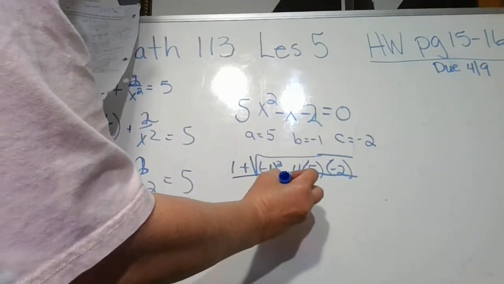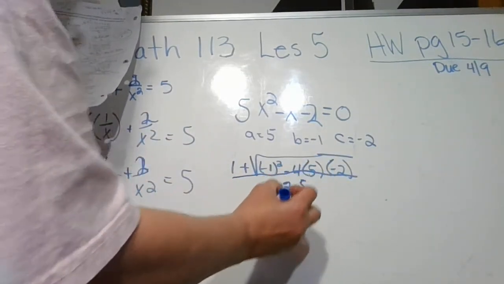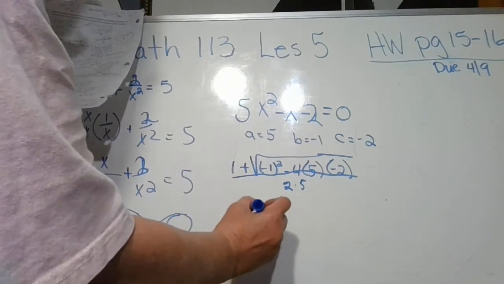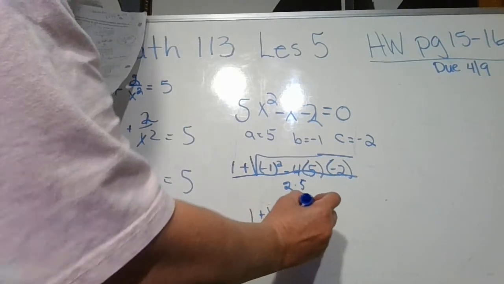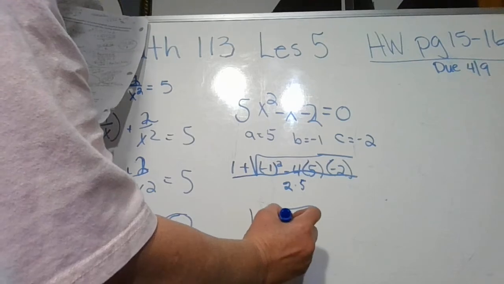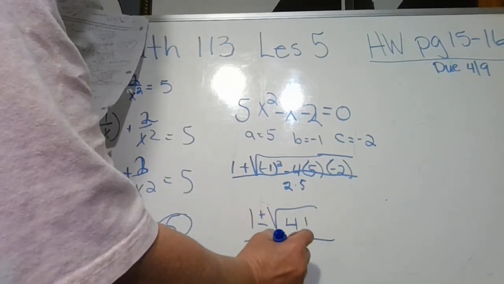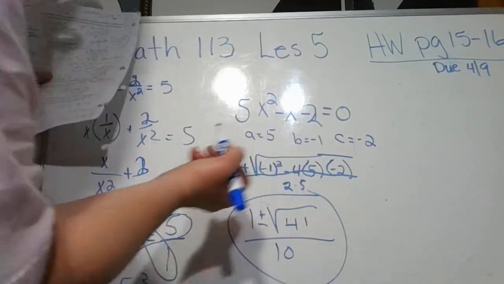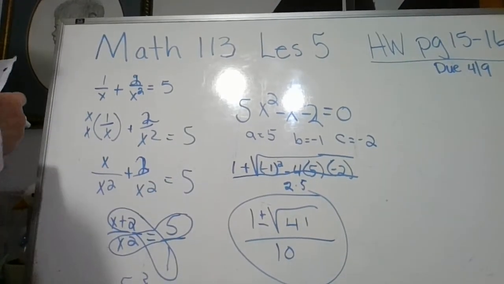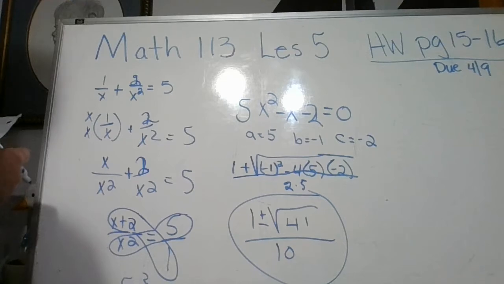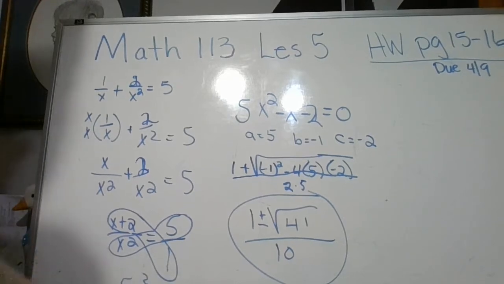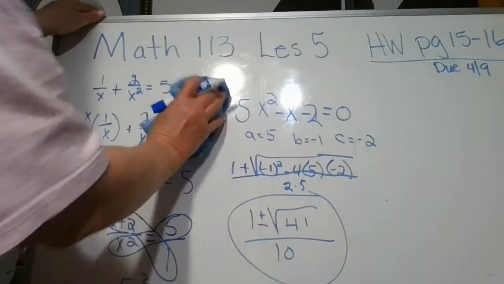Oops, sorry about that. 2 times 5 here. So that's going to be 1 plus or minus the square root of 41 over 10. And that is your answer, unless you want to do a little extra work and work it on out to a decimal. But again, I don't expect that.